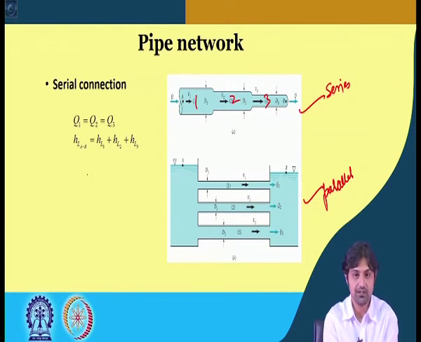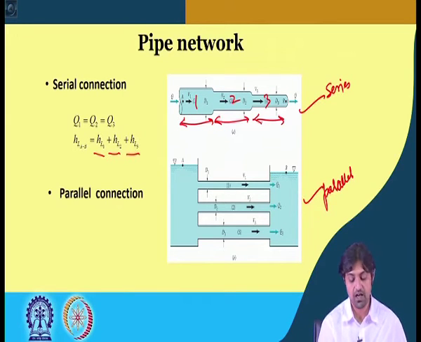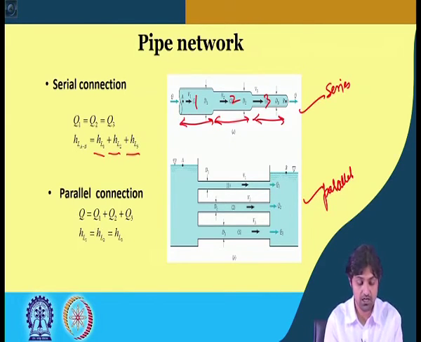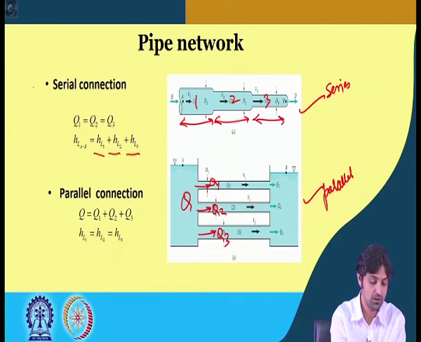However, the total head loss will be the sum of the head losses of individual sections. Whereas in case of parallel connection, the discharge will be the sum of all three. So if there is a discharge Q, Q1, Q2, Q3, but the head losses will be the same in each of the lines.